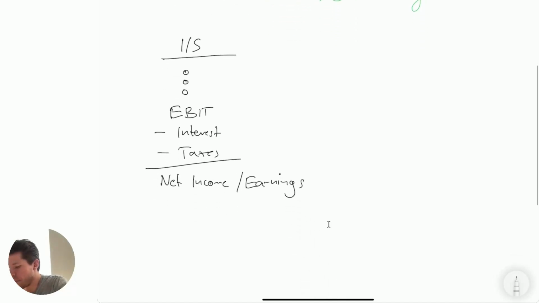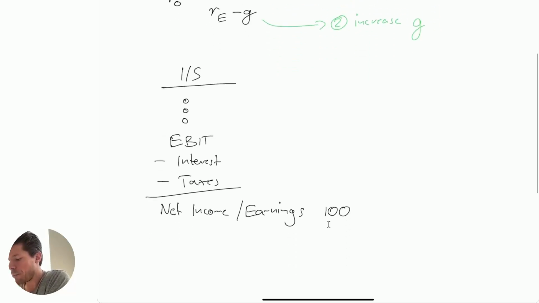Once you have generated earnings for the company, let's assume you have generated 100, then the company can decide, okay, what are we going to do? Let's assume the earnings here are earnings per share, because we look at a per share perspective.